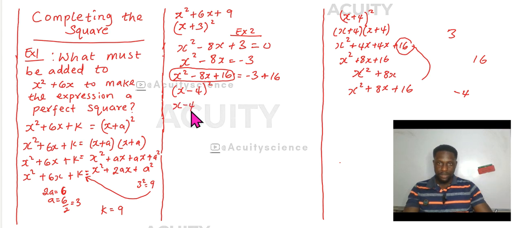So x minus 4 times x minus 4. x times x is x squared. x times minus 4 is minus 4x. Minus 4 times x is minus 4x. Minus 4 times minus 4 is plus 16. What do we have here? We have x squared minus 8x plus 16. So you see this is the same.